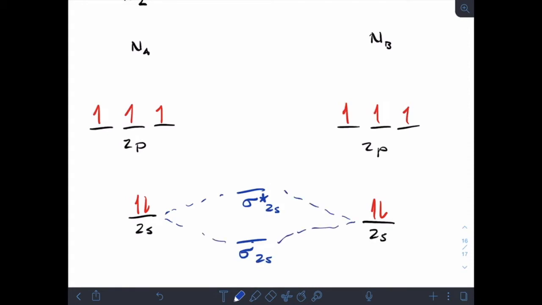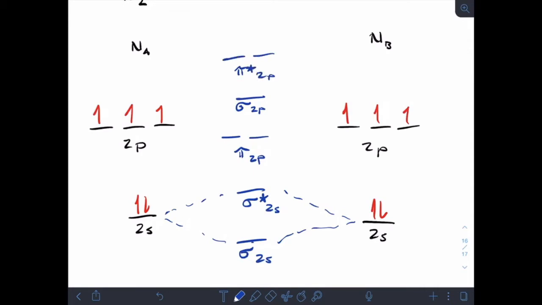Now dealing with the p's, things get a little bit more complicated. My first level dealing with p orbitals is a pi, so I'm going to say pi 2p, and the pi has 2 slots. The next slot up is sigma 2p, and then the next slot up is my antibonding pi 2p.